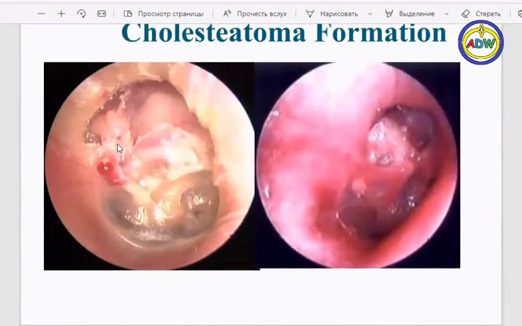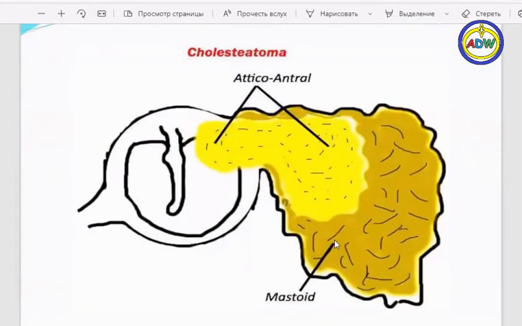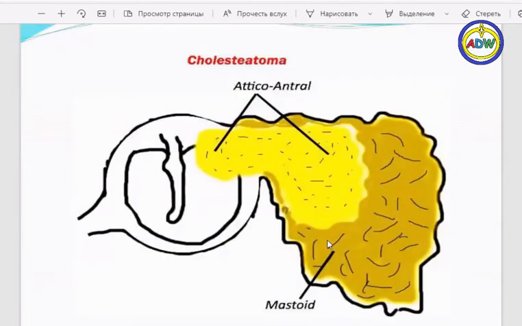Okay, this is where cholesteatomas are present, and in your book you can read the different theories of formation of cholesteatoma. Usually cholesteatoma is located in the epitympanum.